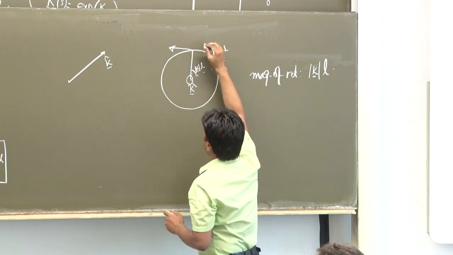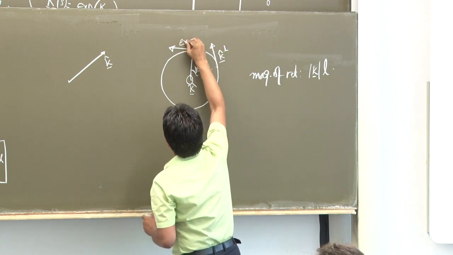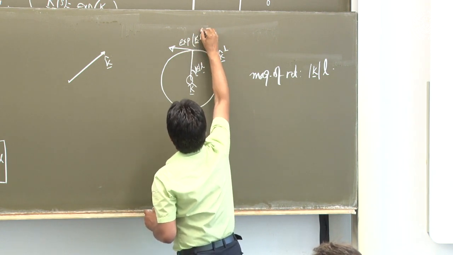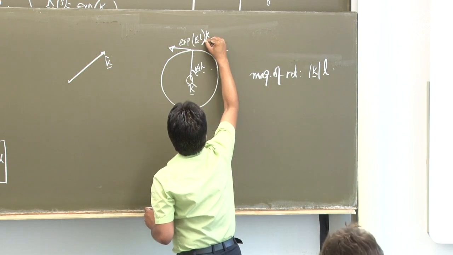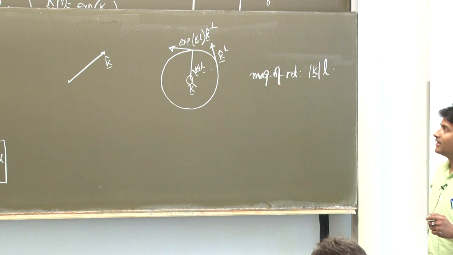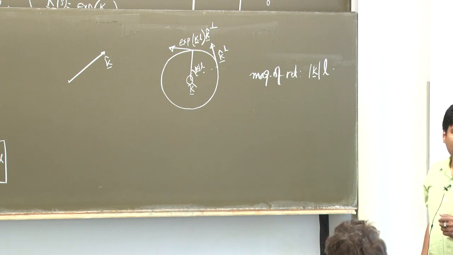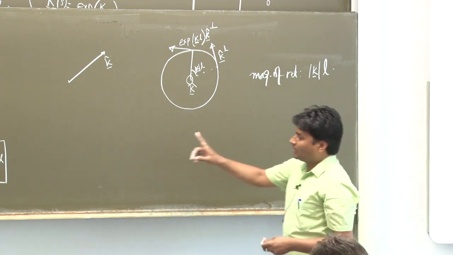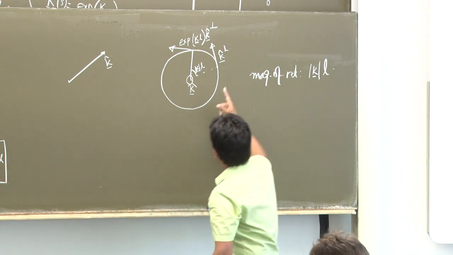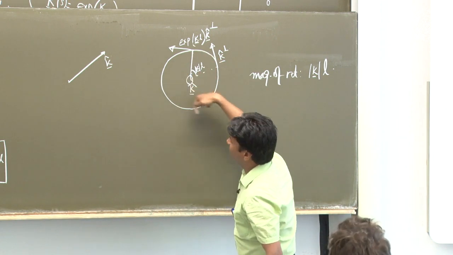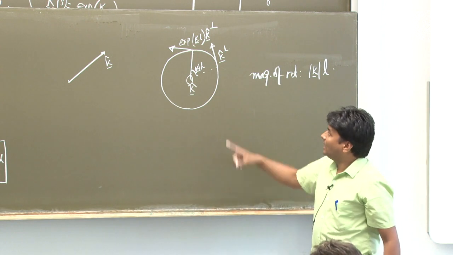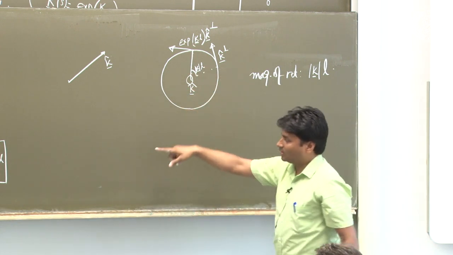The rotated K hat perp, which is exponential of K L into K hat perp, right? So you see, the whole objective of this matrix is to rotate it, and then you want to integrate that rotated vector.